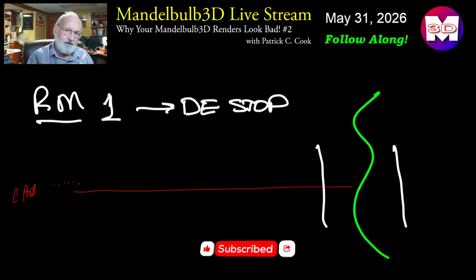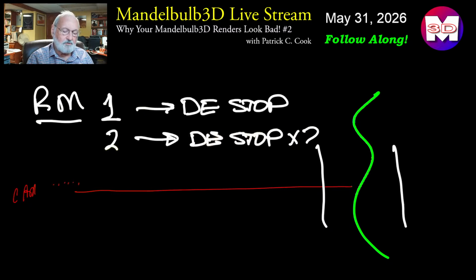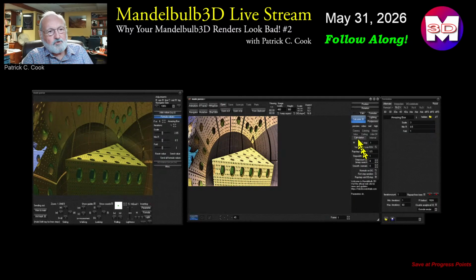If I had a Raystep multiplier of 2, just to keep things simple, your DE stop value is going to be multiplied by 2. So if I had a DE stop of 1 here, and my Raystep multiplier is 2, then my DE stop is doubled. Let's go back over here.